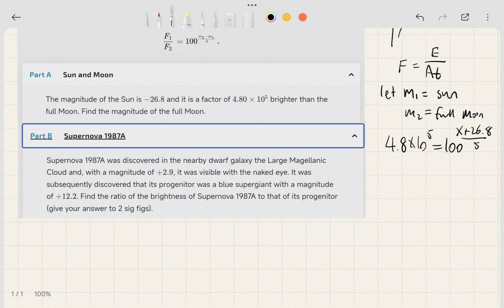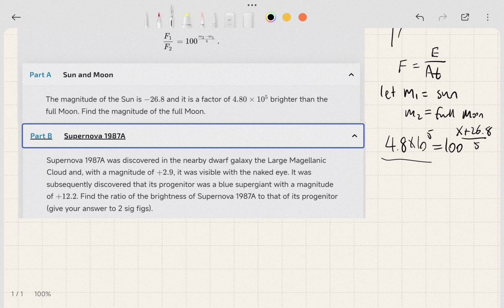Well, we can take both sides, the log of 100. Taking the left-hand side, log base 100 is equivalent to taking the natural log of the left-hand side divided by the natural log of 100.